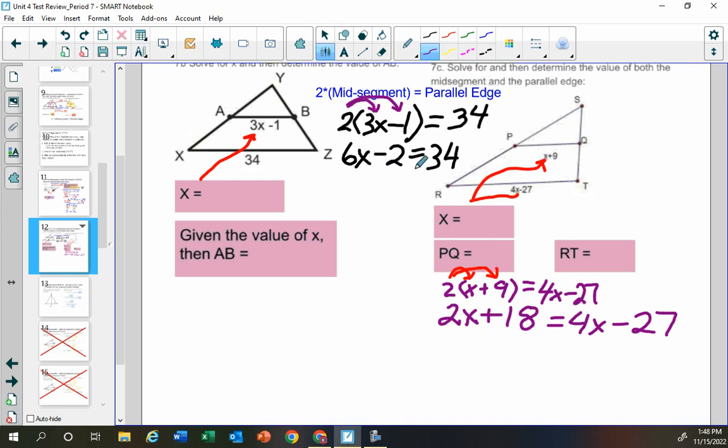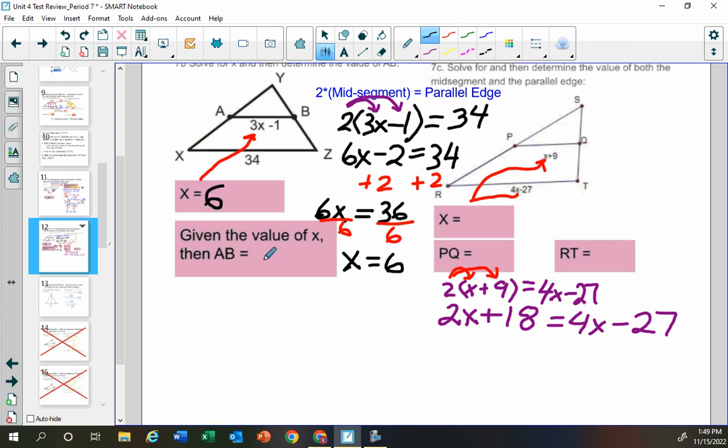All right, so for this problem, add 2 to both sides. There's 6x equals 36. So x equals 6.